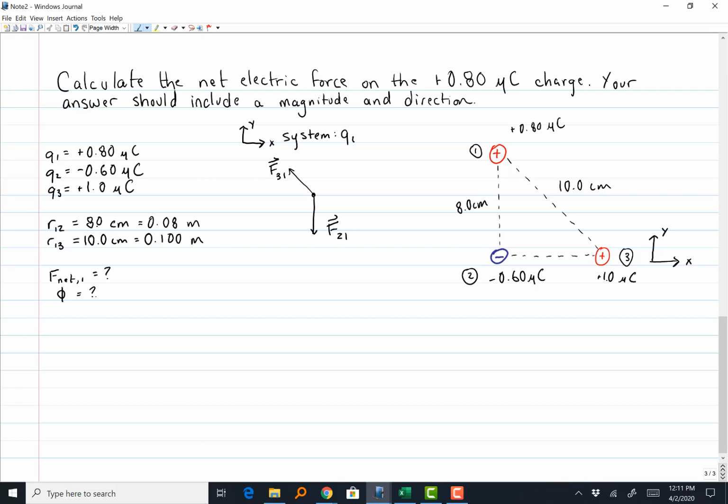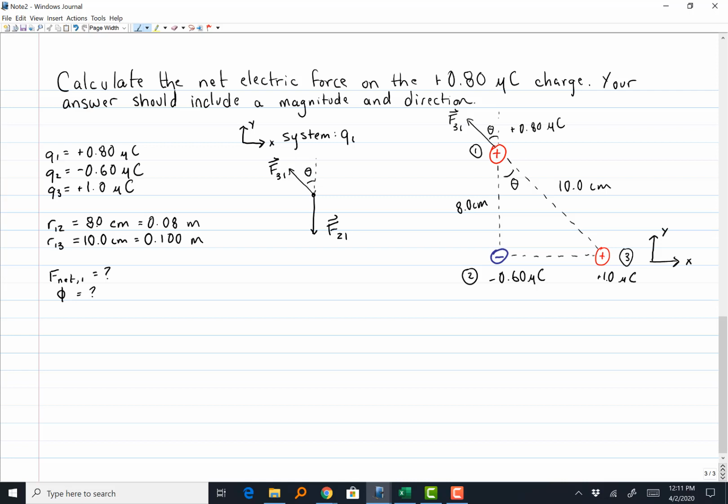All right, so what I'm going to do is solve for this angle theta right here in my triangle. I'm picking that angle because if I add my force onto my diagram, then I should be able to see that theta will also be right here, and I can use that to resolve the individual components of my force.